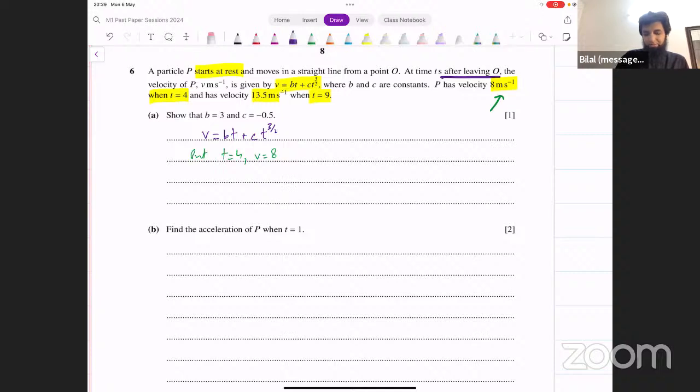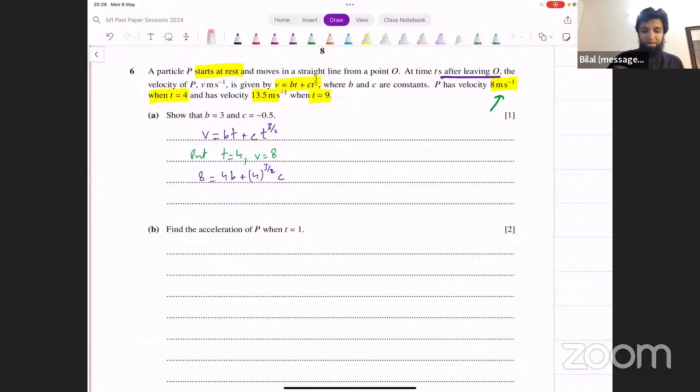That gives me 8 equals 4b plus 4 raised to the power 3/2 times c. And then you can just input these values of b and c in this. Input b equals 3 and c equals minus 0.5. It would satisfy the equation, and that means this is a possible value. And then you do the same thing with the other velocity and time as well.